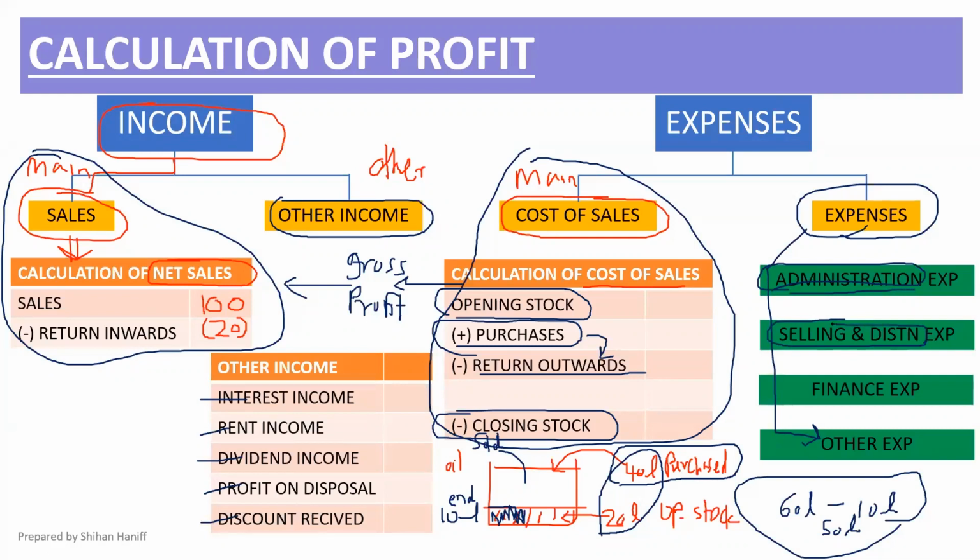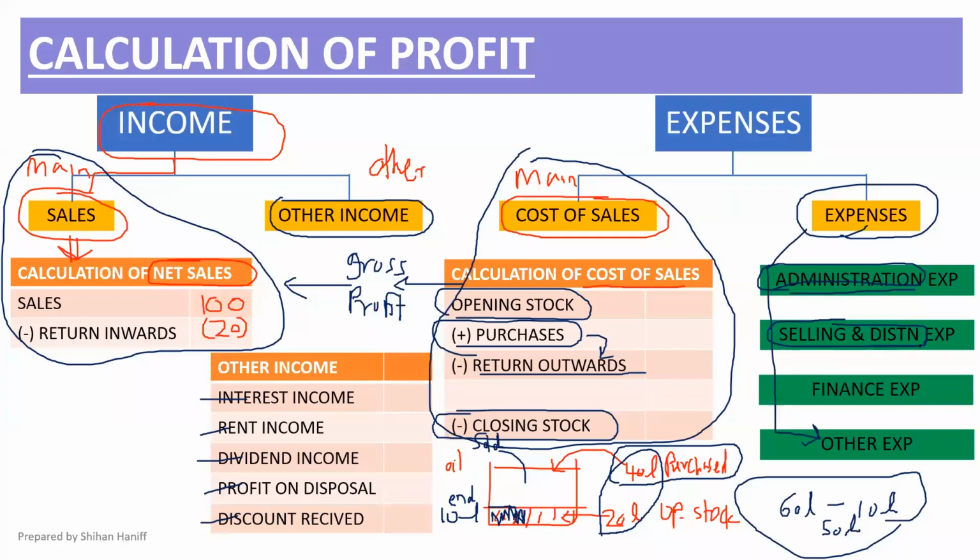Advertising cost, we have bad debt, commission paid to salesman, right? Any rent paid to the showroom, distribution, like your stock you deliver to the customer, delivery charge. We call it carriage outwards. So those expenses are called selling and distribution expenses.